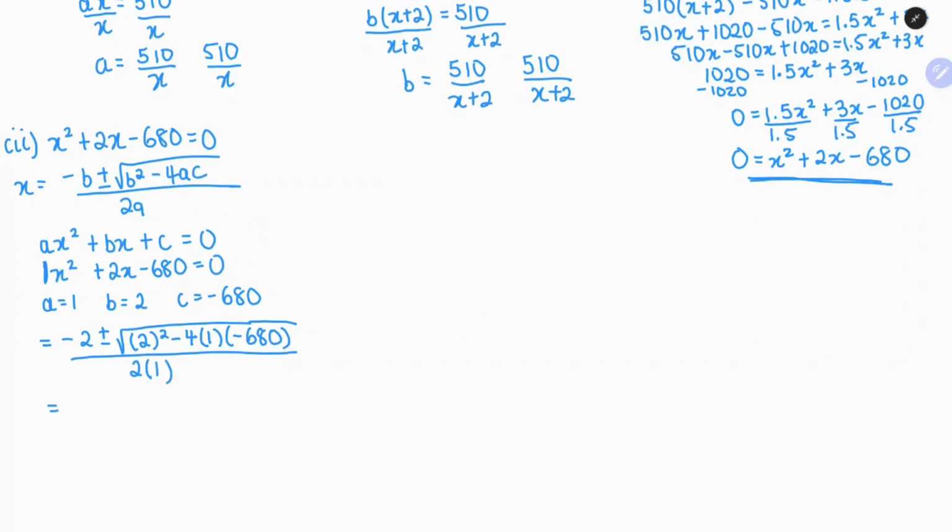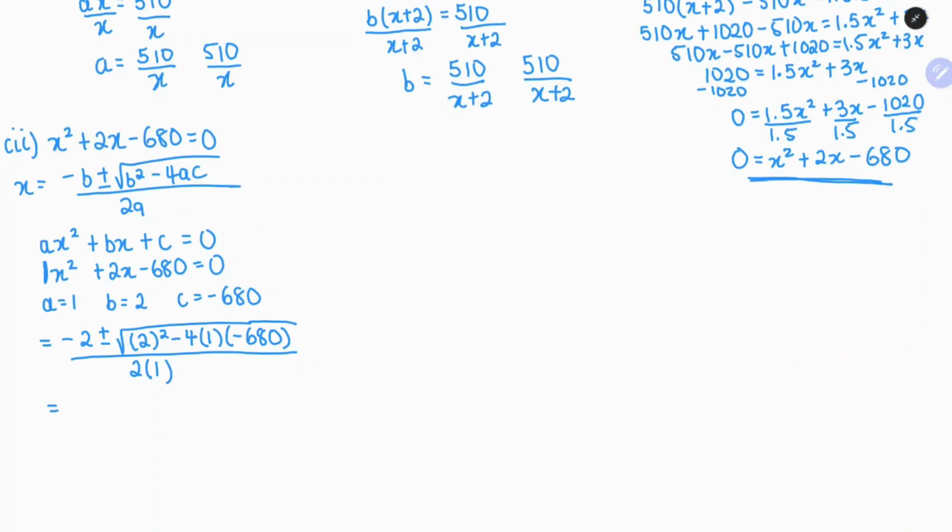So that's going to be, as I put it into the calculator, negative 2 plus the square root of 2 squared minus 4 times 1 times negative 680, divided by 2 times 1.